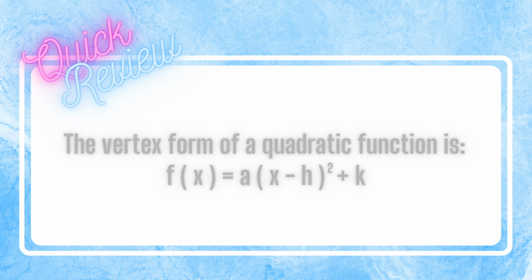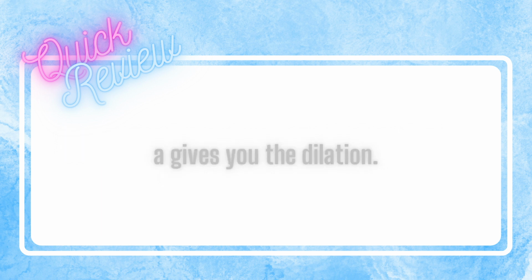Just as a review, the vertex form of a quadratic function is f of x equals a times x minus h quantity squared plus k. And today we focused on a. A gives you the dilation.